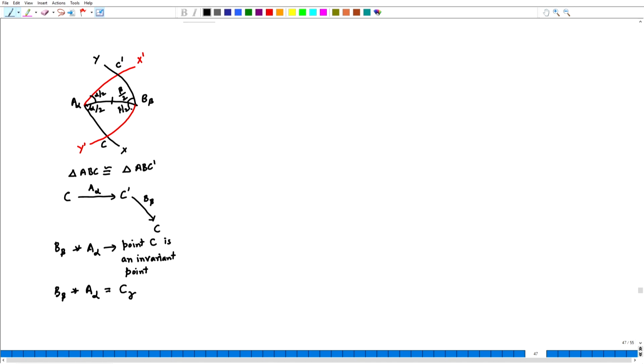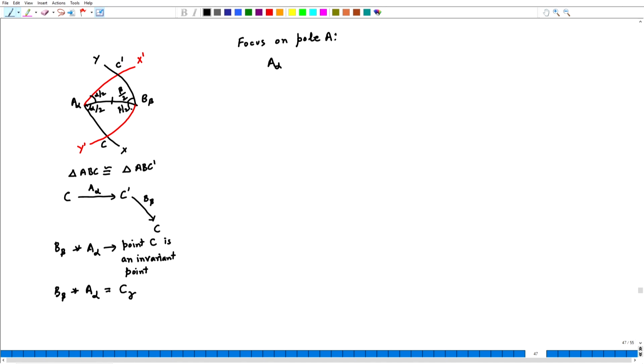Now, in the same figure, let us focus on pole A. Where does this pole move?